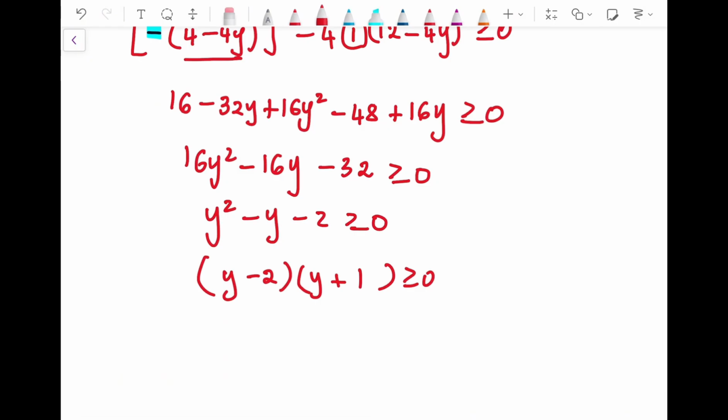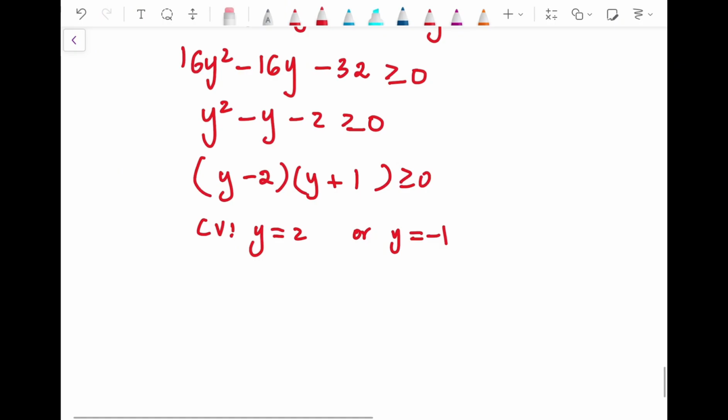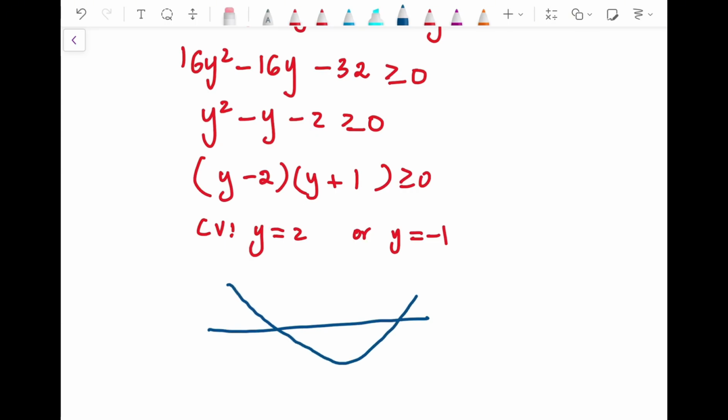So again, we have our critical values. Our critical values are y is equal to 2 or y is equal to negative 1. And then now we need to conclude. Remember, here we are concluding an inequality. So we can draw a parabola that is concave up because the coefficient of y squared is positive. So here is my parabola, and then we have minus 1, and here we have 2.